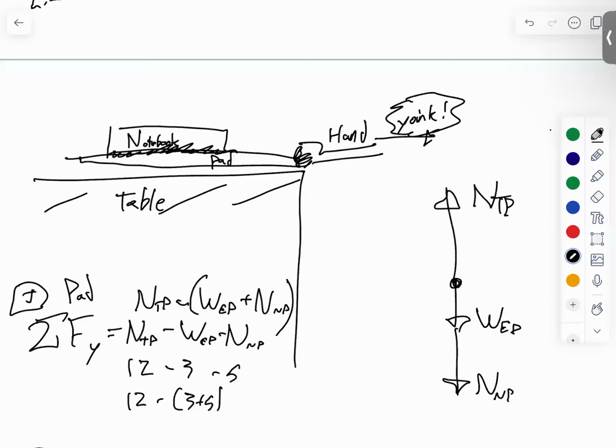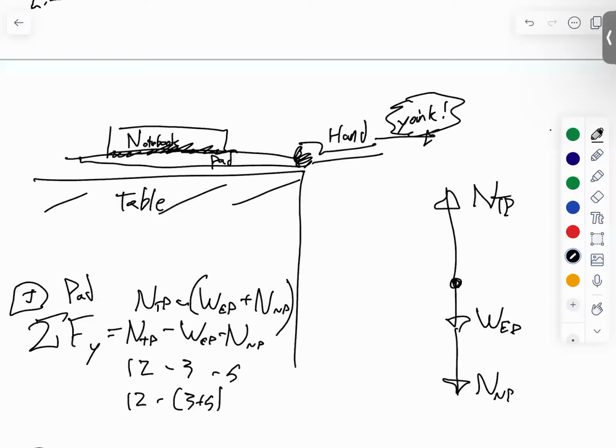Ooh, that's 50-50 left, right. Okay, question M again. Give me a net force expression. Net force on the pad in the horizontal direction in terms of tension and friction.